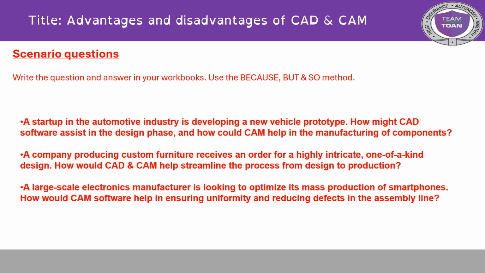How would CAD and CAM help streamline the process from design to production? And finally, a large-scale electronics manufacturer is looking to optimize its mass production of smartphones. How would CAM software help in ensuring uniformity and reducing defects in the assembly line? Pause the video and answer the questions, please.